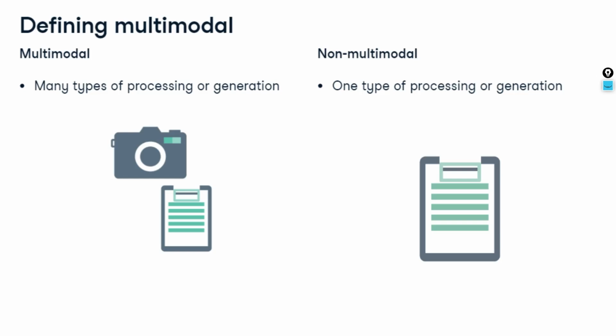Next, let's discuss multi-modal and non-multi-modal. This is very important, because whenever you're dealing with LLMs, you should be able to classify whether it's multi-modal or non-multi-modal. Multi-modal means we are able to perform multiple tasks at the same time, many types of processing or generation. Non-multi-modal means the model is focused on only a single task, or one type of processing or generation. That is the difference.